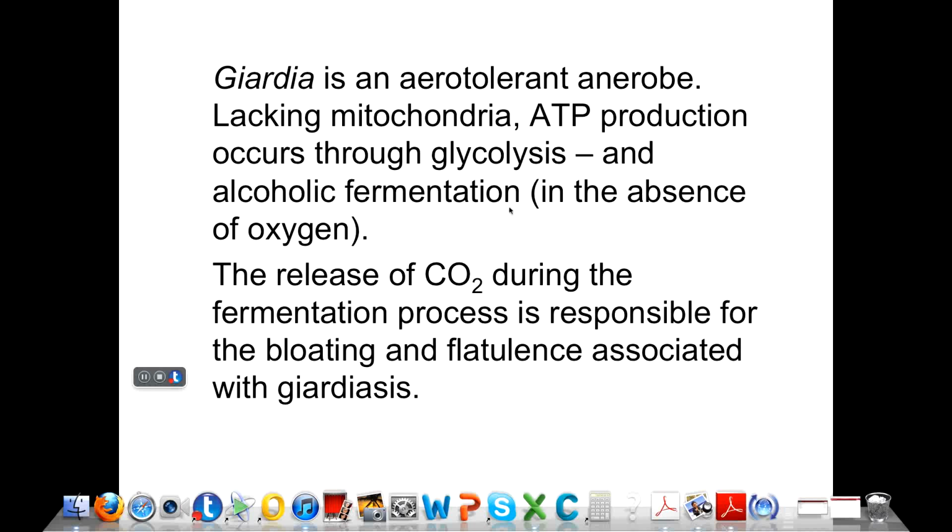During this process, if you think back to your basic biology of metabolism, you know that CO2 is liberated during alcoholic fermentation, and it's actually the release of CO2 gas that causes the bloating and the flatulence that's associated with giardiasis.